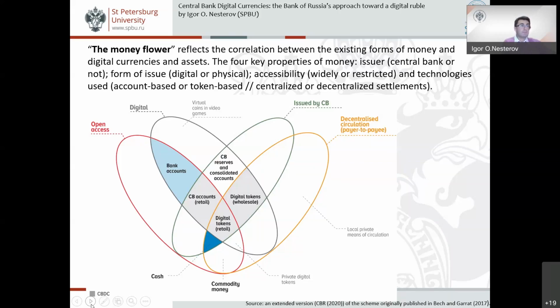In other words, that is centralized or decentralized settlements.